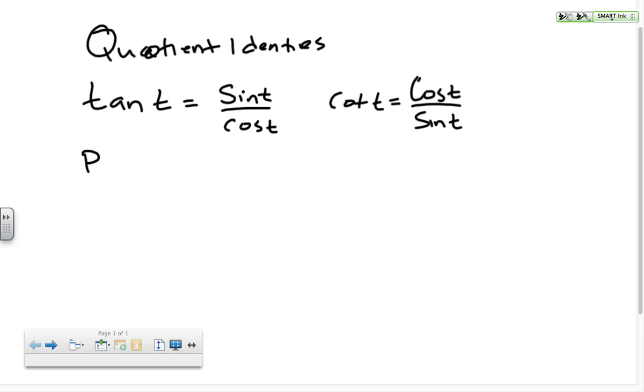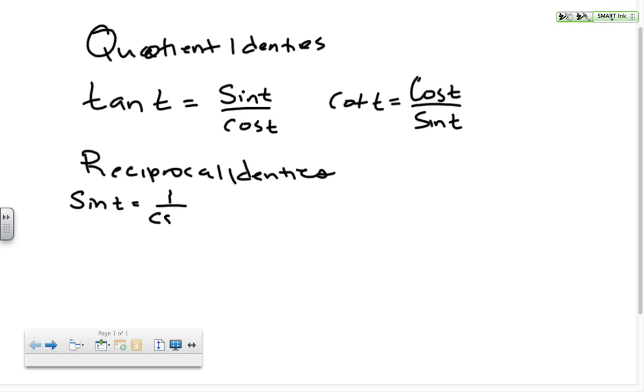Okay, the next one's called the reciprocal identities, and most of these you should know already. I'm going to write them down anyway, because these are the things we're using. We have 6 trig functions. Sine t is 1 over the cosecant of t. The cosine of t is 1 over the secant of t.